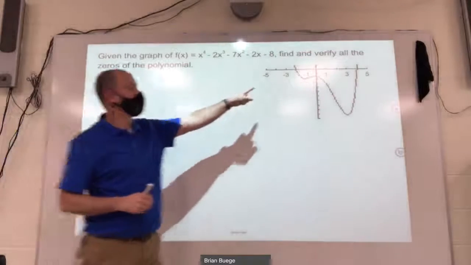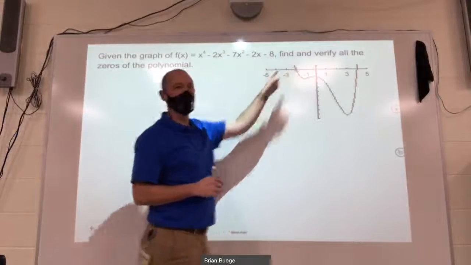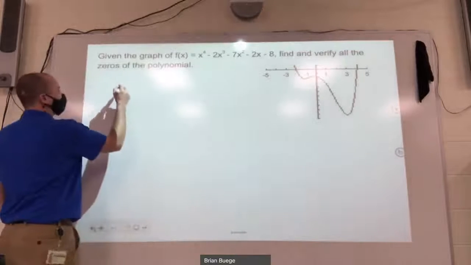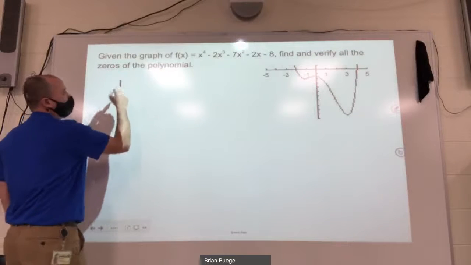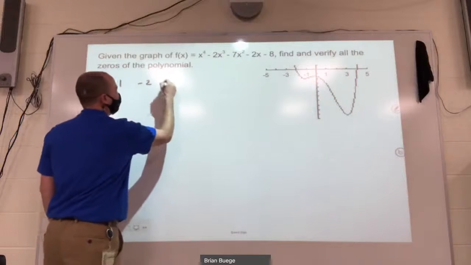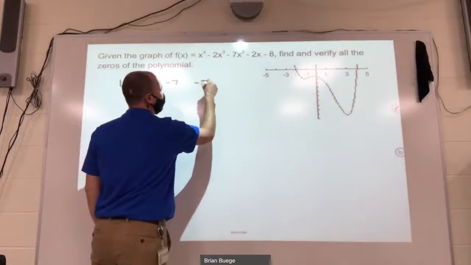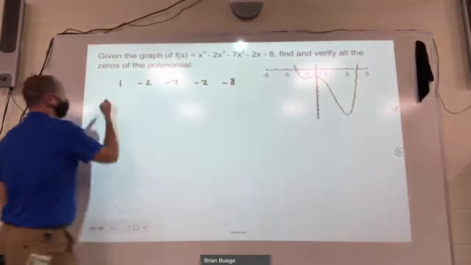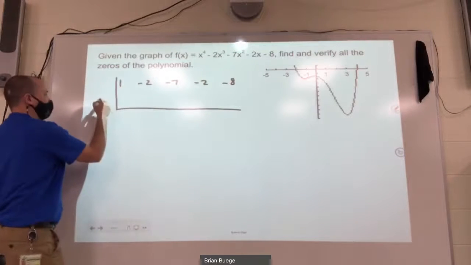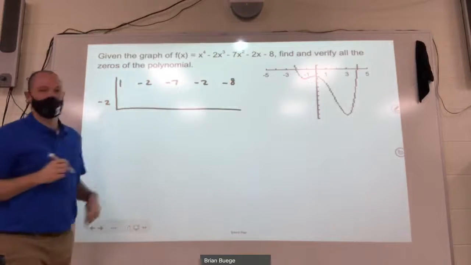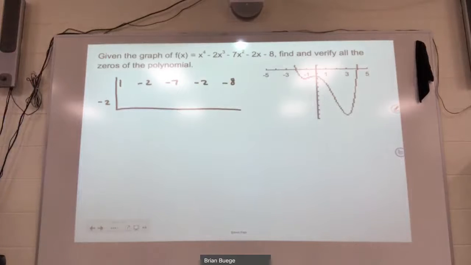So I'm going to take the first one here. We've got -2. I'm going to pull that over here. Along with, I'm going to do synthetic division. So we've got 1, -2, -7, -2, -8, and we are dividing by, let's say, -2. Okay, so we're going to do the synthetic division with the -2.